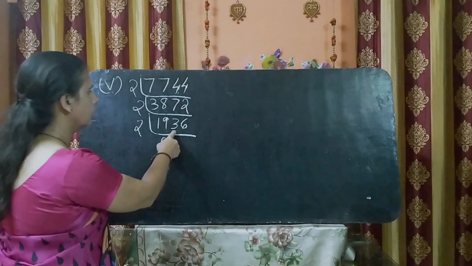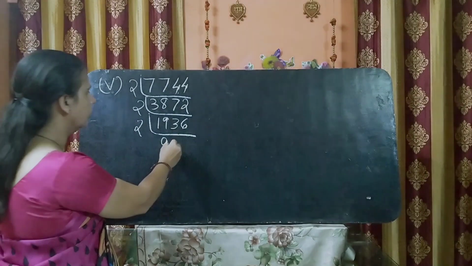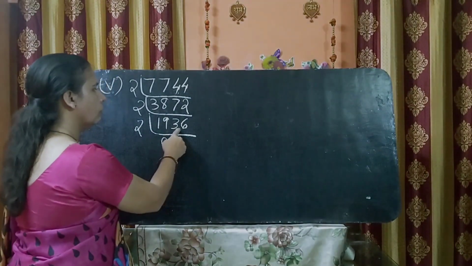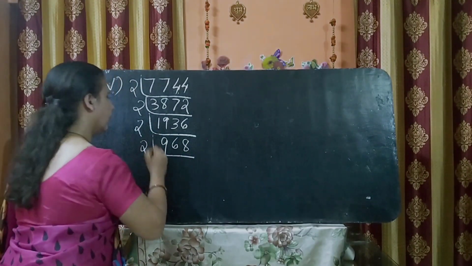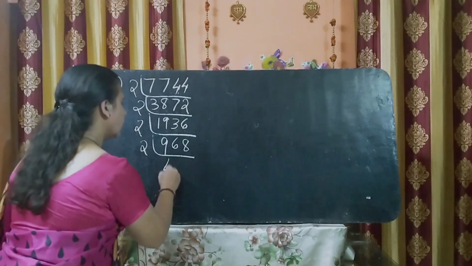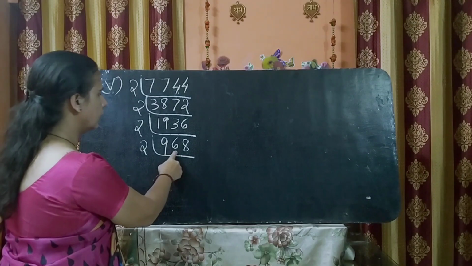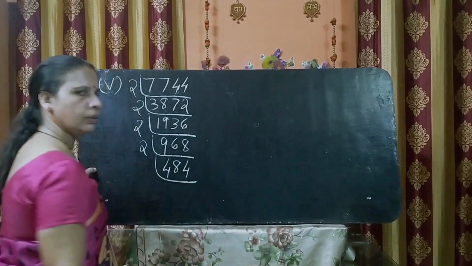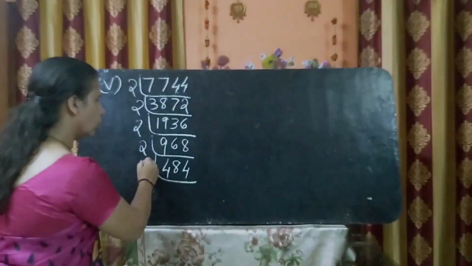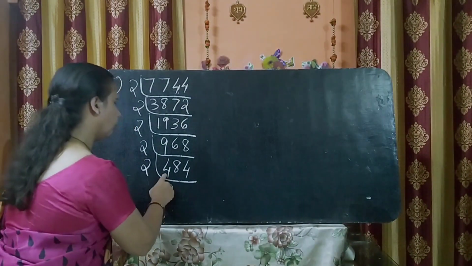Again factor 2. 9 2's are 18. 1 left. Then number will become 13. 6 2's are 12. 1 left. 16. 8 2's are 16. Then factor 2. 4 2's are 8. 1 left. 16. 8 2's are 16. 4 2's are 8. Next factor is which one? 2. Then 2 2's are 4.